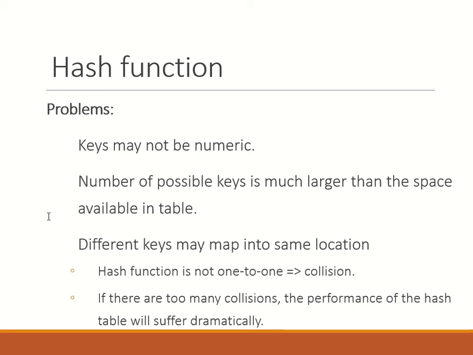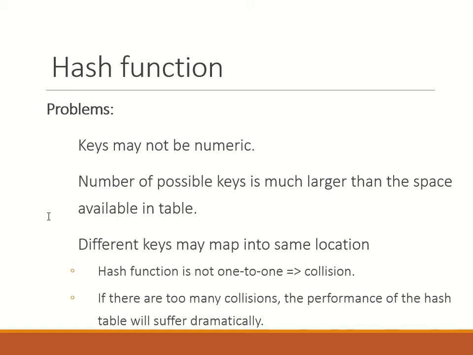That is another problem that a hash function or hash table may encounter. If you can propose some mechanism by which you can handle even more elements than the actual size of the table, then you can claim that your hash function is perfect.